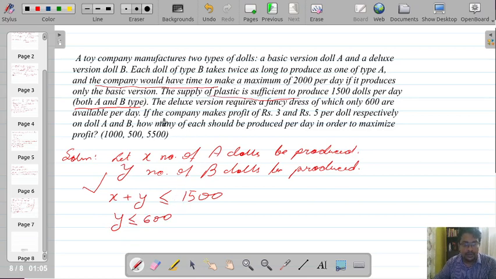If the company makes a profit of rupees 3 and rupees 5 per doll respectively on doll A and B, how many of each should be produced per day in order to maximize the profit? So what is the profit being earned?